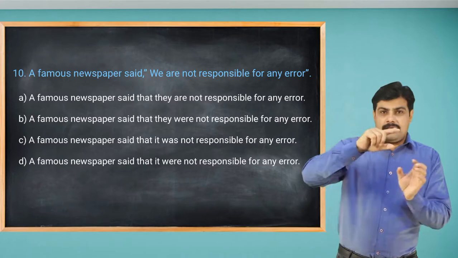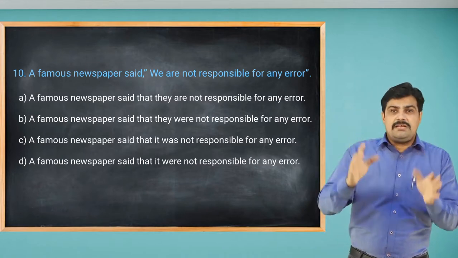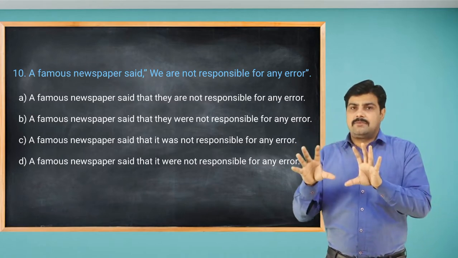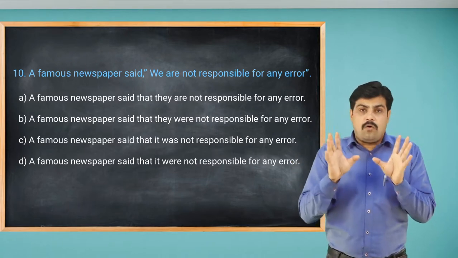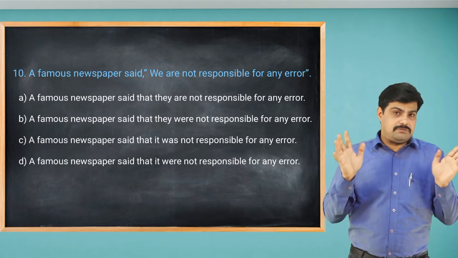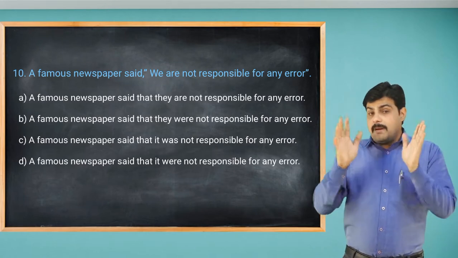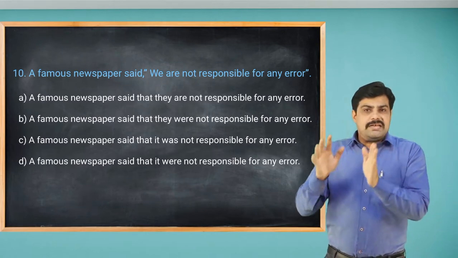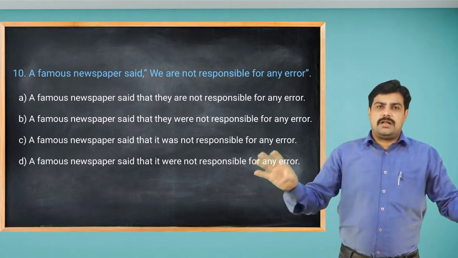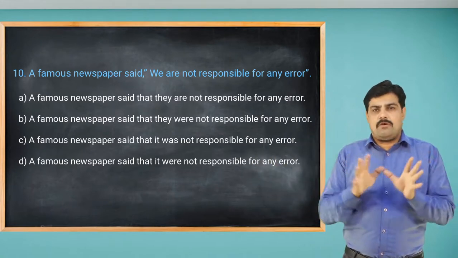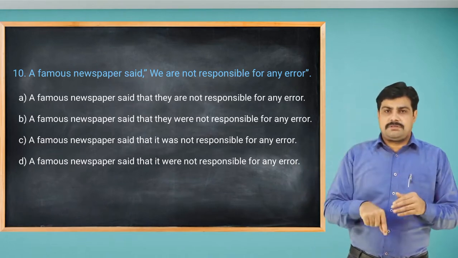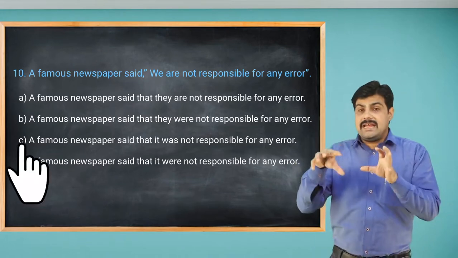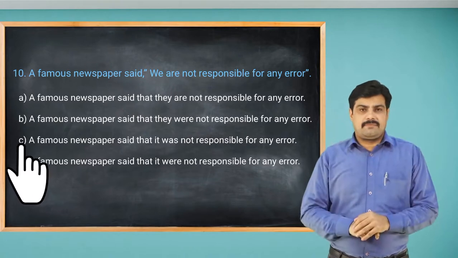And that is, the pronoun we changes into it when it is used for a newspaper or any organization. Remember this. All other changes will be as usual as you have already learnt. Now, out of these four options, option C is right.